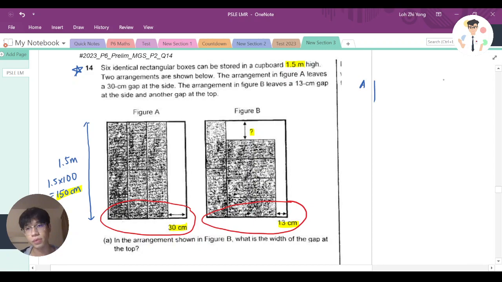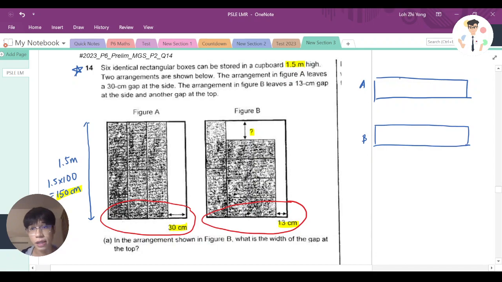A. Okay, let's just imagine this is the bottom part here. B. Yeah, just imagine this is the bottom part here. So the first part here is like this. 1, 2, 3, and 30 cm gap. Another one is like 1, then 2, then here's 13 cm.